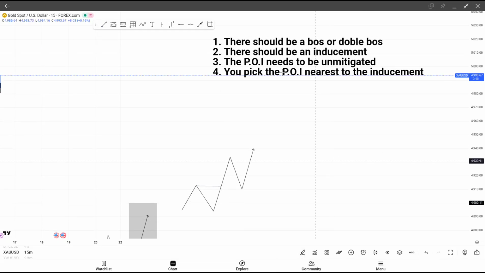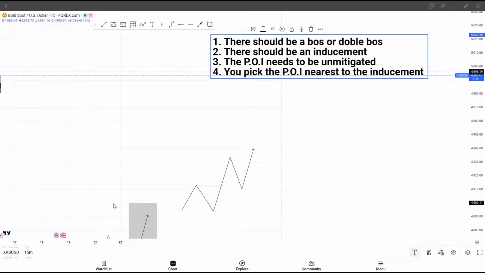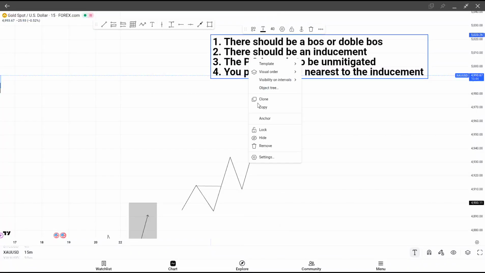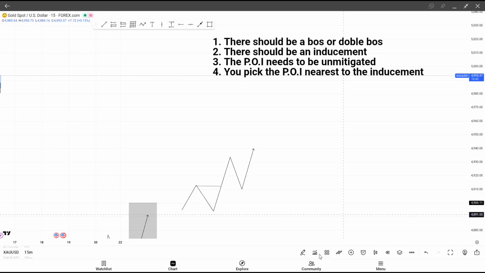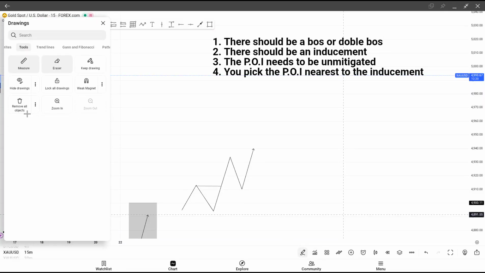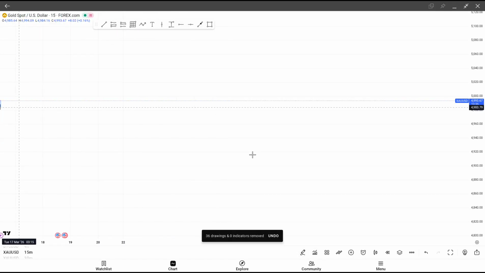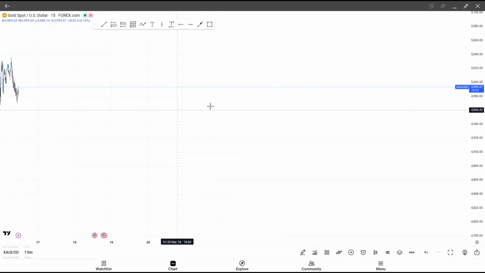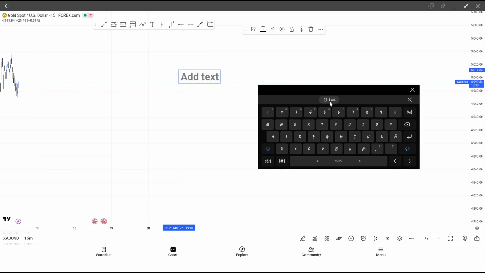Oh guys, so for this to be very easy, I want to make it very big. So let us copy this and let us delete everything. Okay, because we are coming to do this very easy. Let us put the text around. God, what is that?